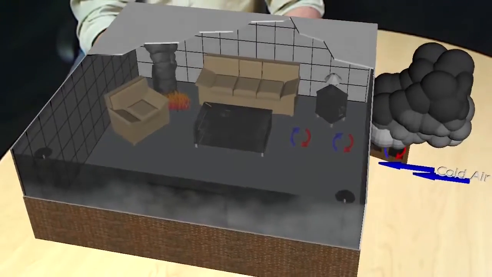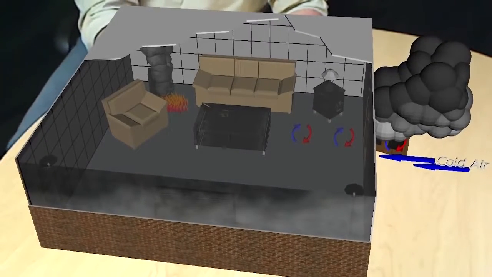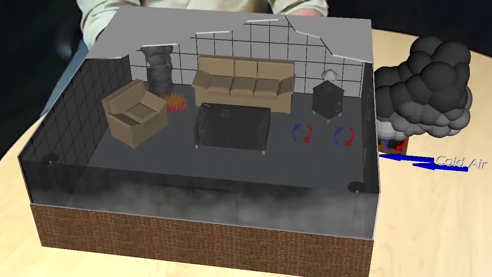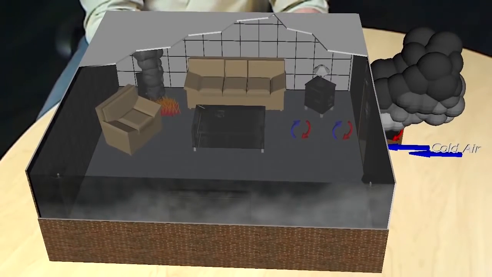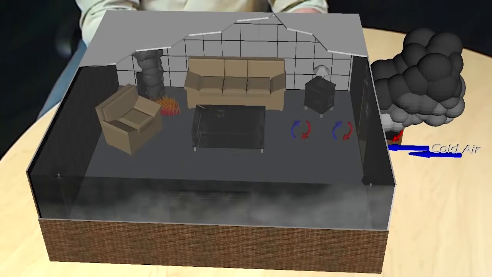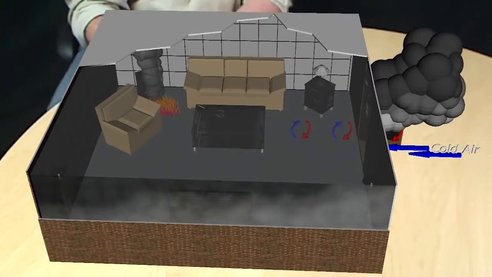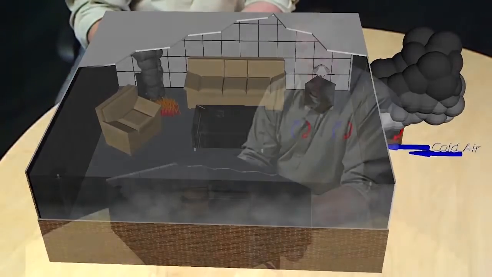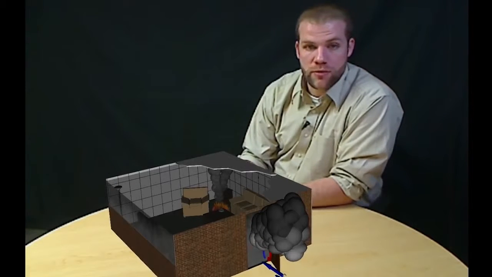Between those two moving fluids, the incoming fresh air and the outgoing heated gases filled with hydrocarbons and carbon monoxide and those types of things, we get this mixing reaction noted here by the blue and red arrows. At the interface of the heated gases flowing out and the cooler gases flowing in, we start to see a mixing, and that mixing allows for flammable limits to start forming.